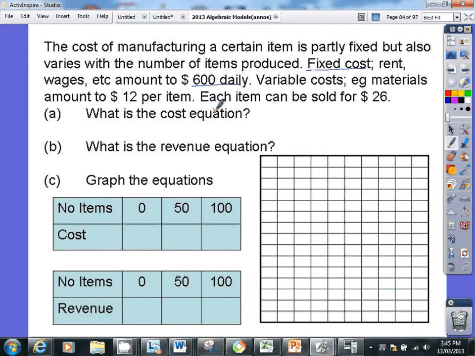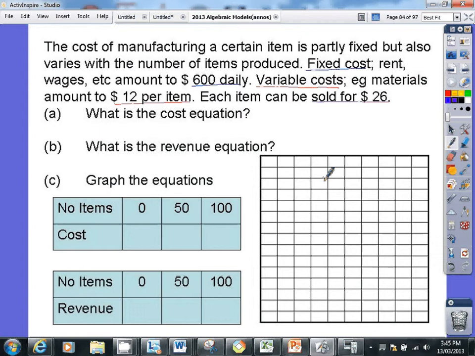The variable costs are $12 per item, so each extra item you make is going to cost you an extra $12 to make. But that's okay, because you can sell the items for $26.